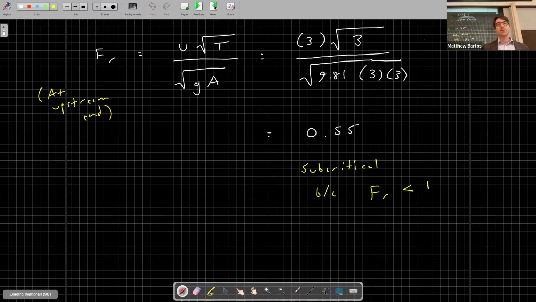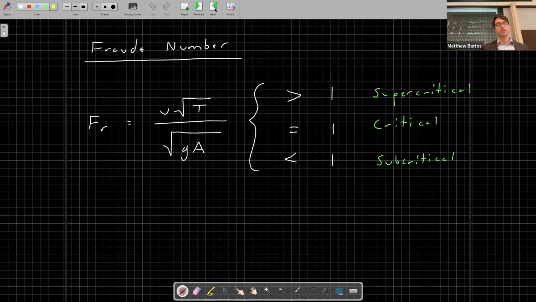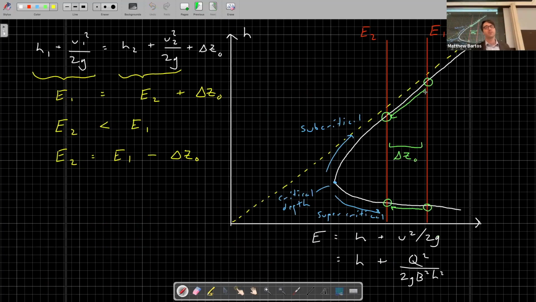So you may be wondering, is it possible for the flow to transition from subcritical at the upstream end to this solution here, the supercritical one? Remember, in our case, the flow transitioned from this point here down to this point here.